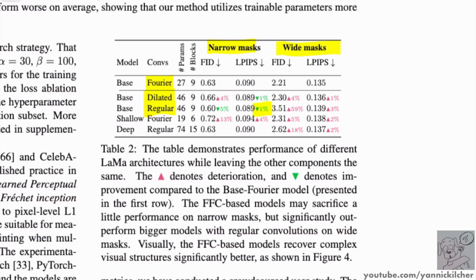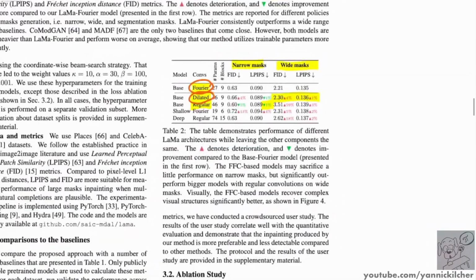The dilated convolution actually holds up fairly well right here, but one disadvantage of that is that it's very hard to go to higher resolutions, because the higher resolution you go, the dilated convolutions' receptive fields will also shrink, while the Fourier convolutions' receptive fields will always remain essentially global.